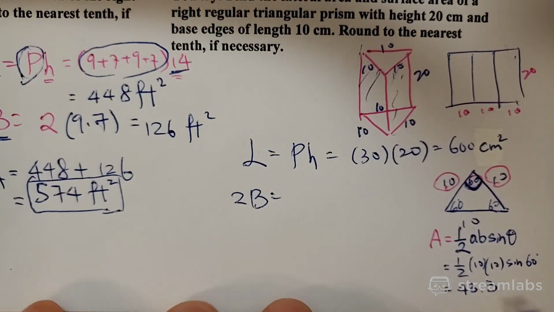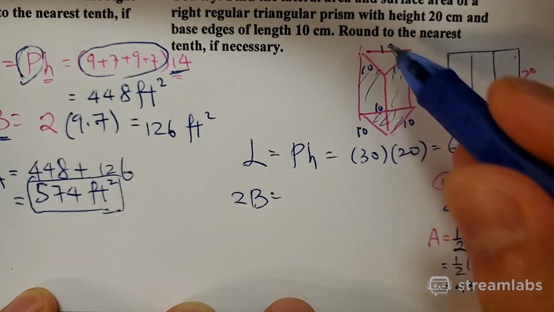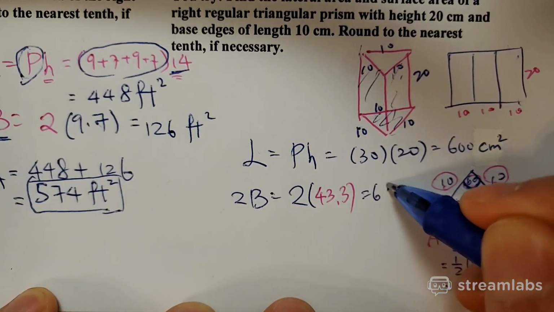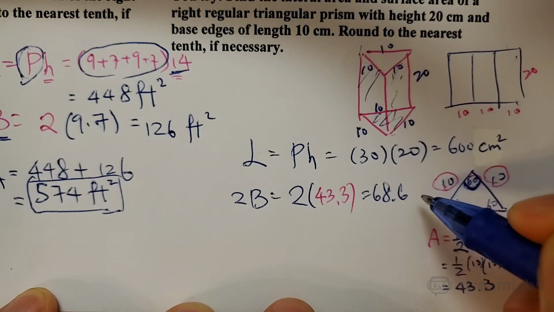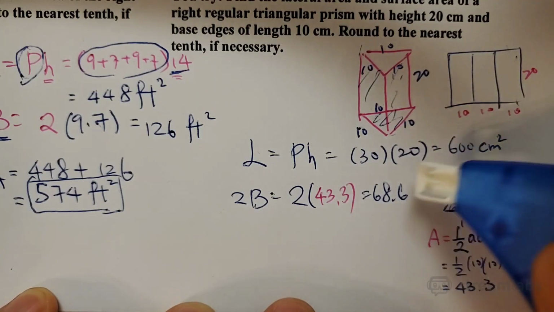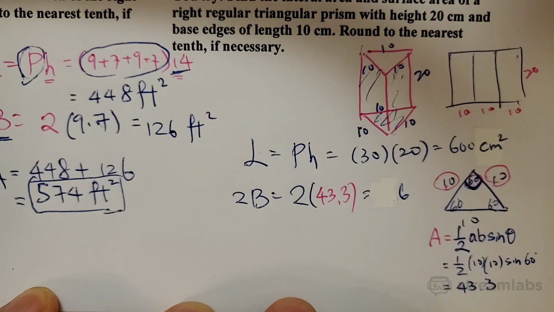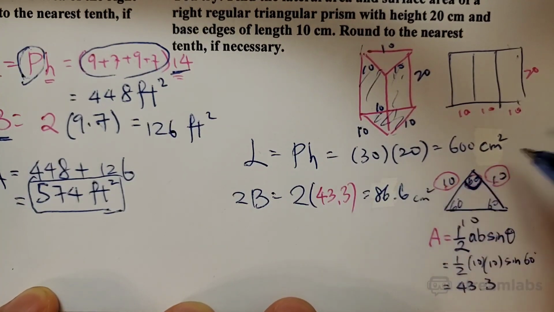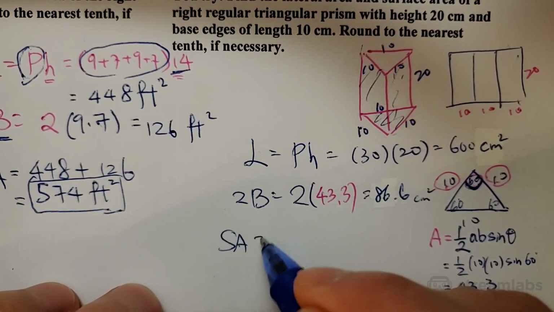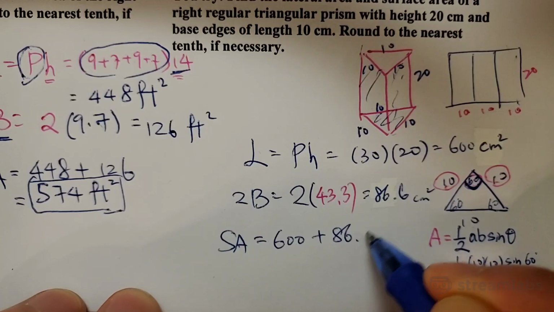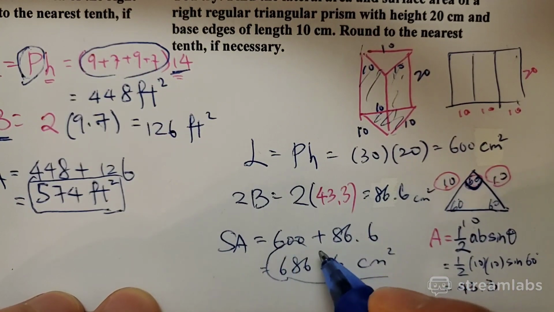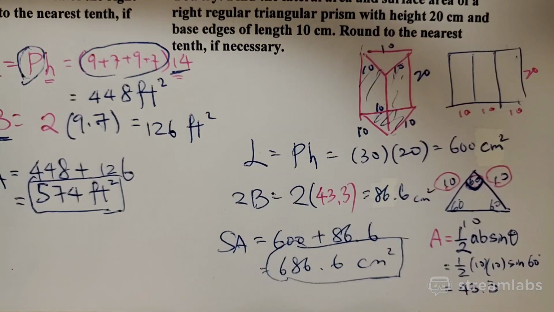So that's each base area, and there are 2 of them, so 2 times 43.3, which is 86.6 centimeters square. You add them up, so surface area will then be 600 plus 86.6, which is 686.6 centimeters square.